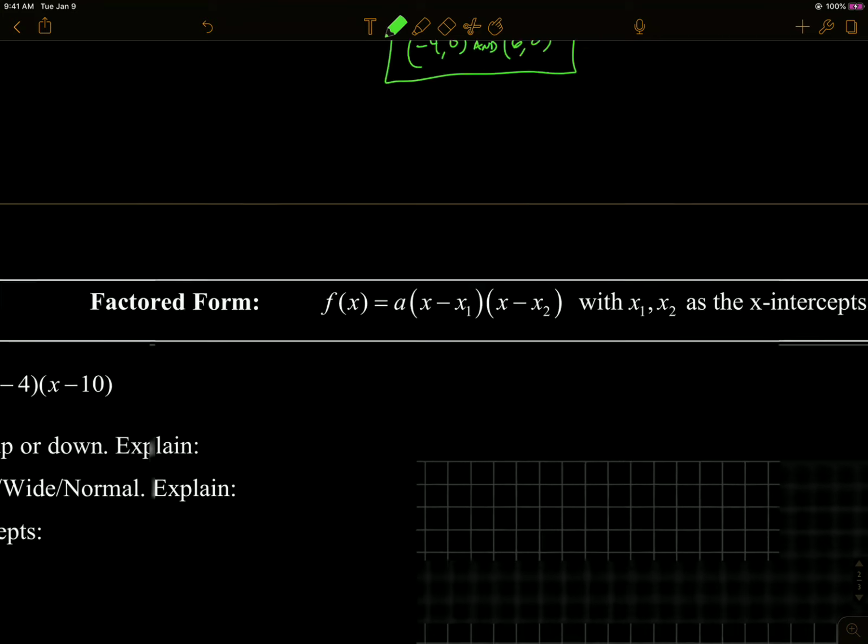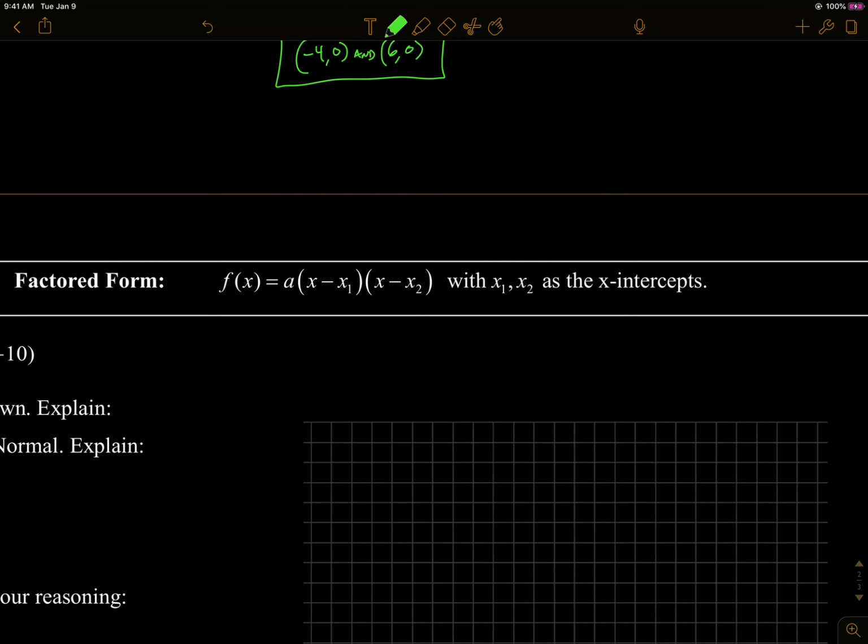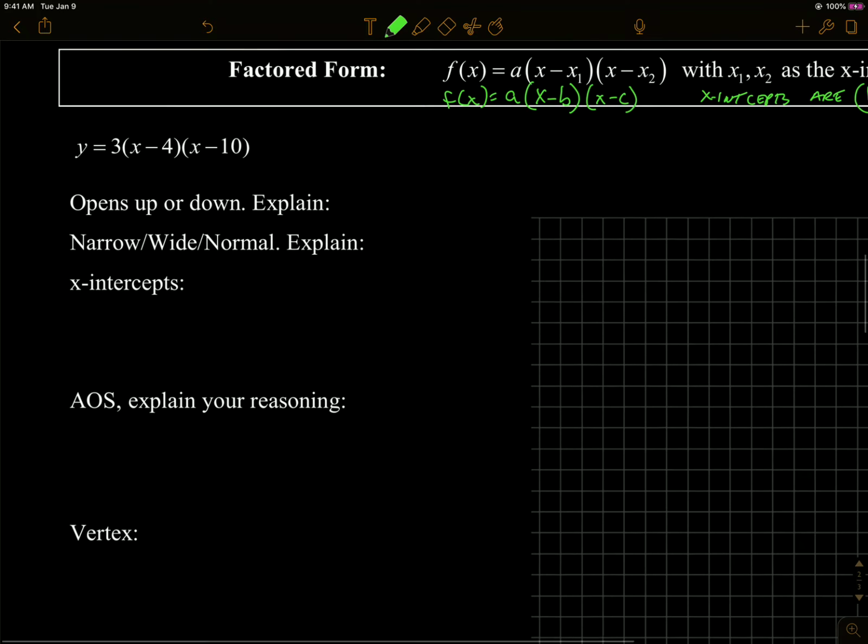So that's what this says right here. In factored form, I'm going to write this a little differently. If we have x minus b times x minus c, then we know that the x-intercepts are (b, 0) and (c, 0).